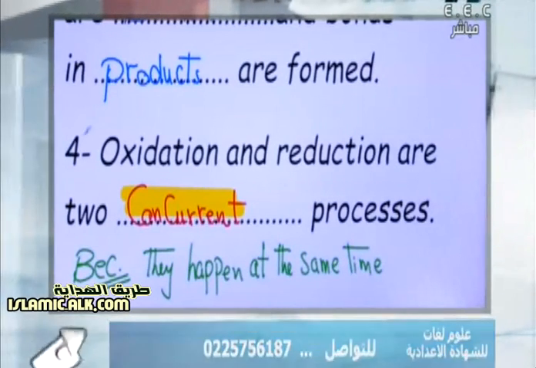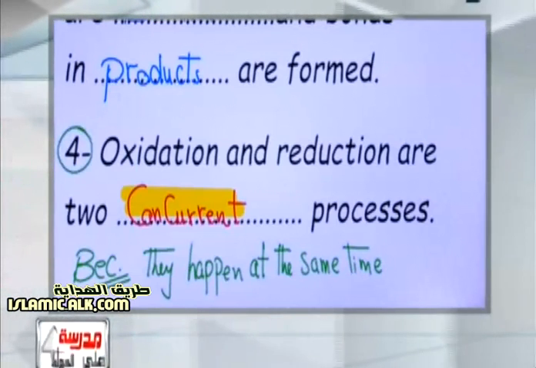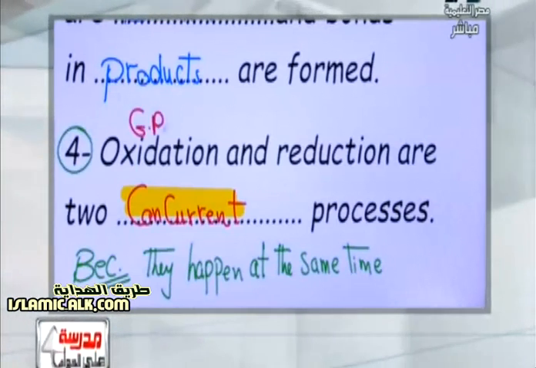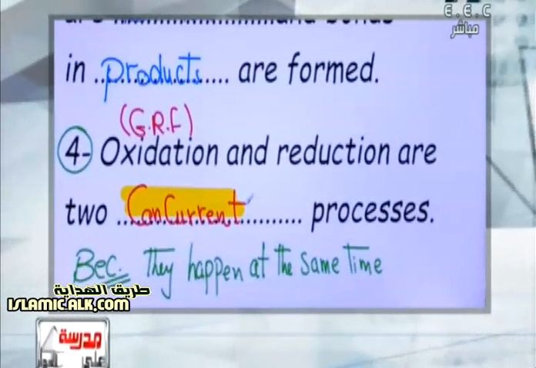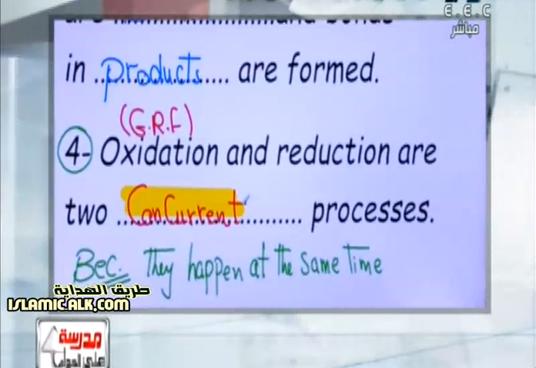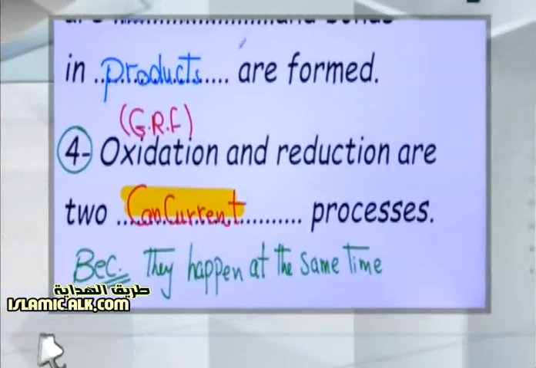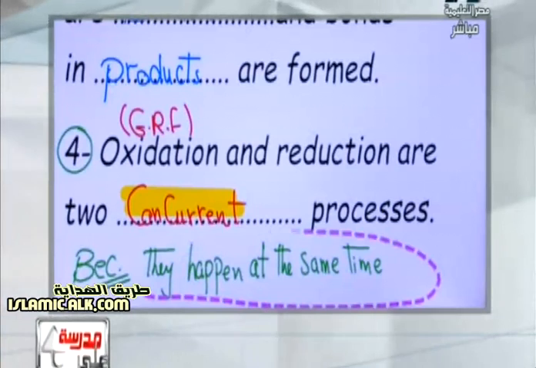After we complete number 4, we act with this question as give reason for why oxidation and reduction are two concurrent processes. The word concurrent means simultaneous, we just translate it: they happen at the same time.